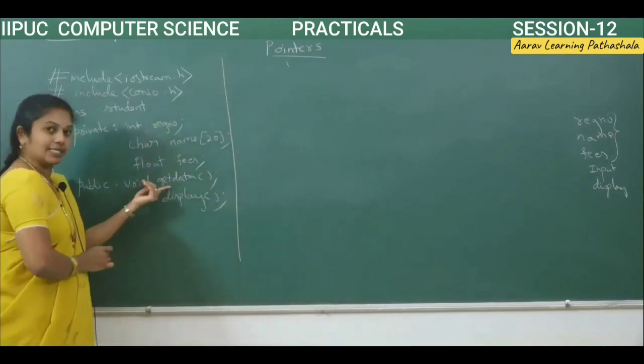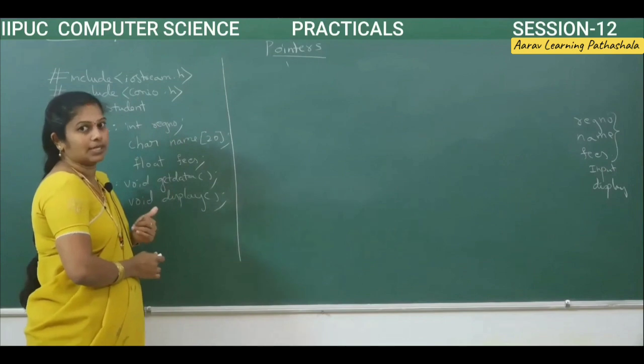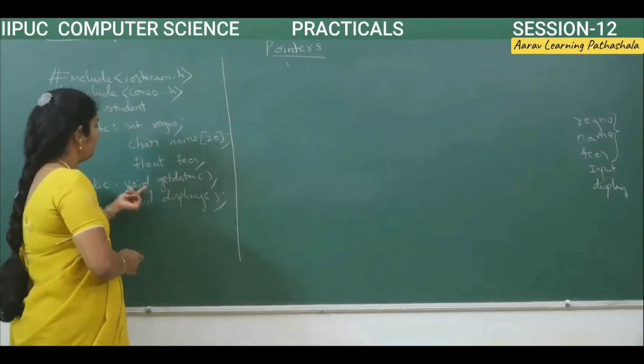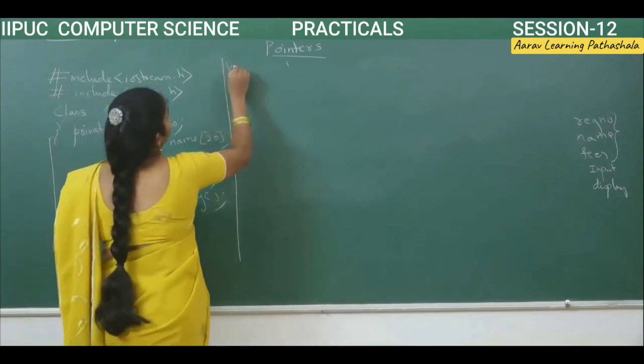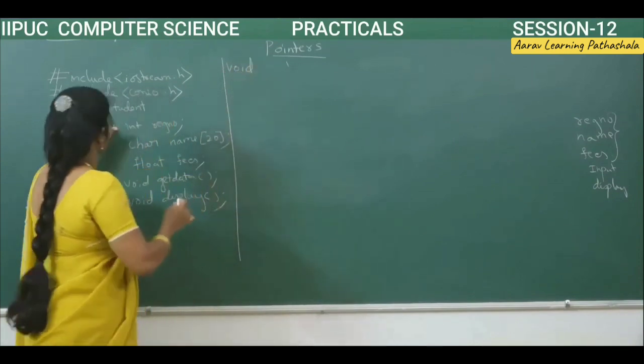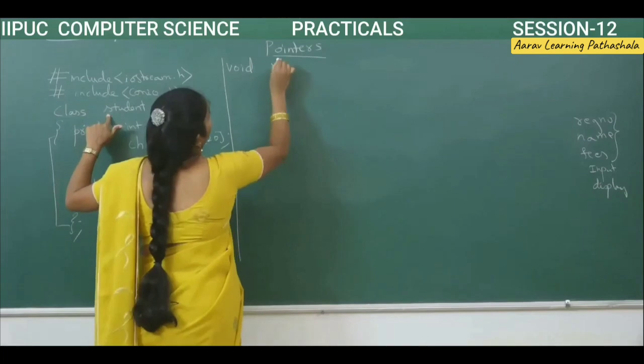Next, we have to write the definition of the getdata function outside the class. How to write? First, take the return type, void. The class name is student.